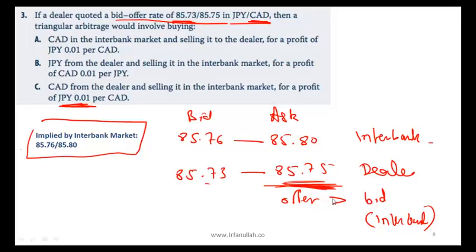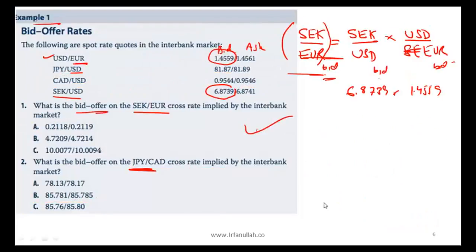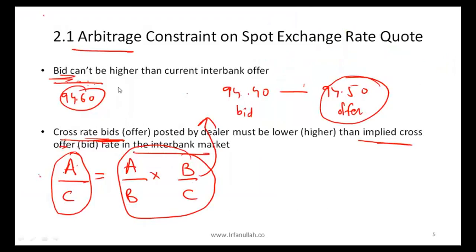Because people will do this and prices will quickly adjust. So this connects with what I was saying earlier. The bid cannot be higher than the current interbank offer, or in the cross rate sense, the cross rate bid posted by the dealer must be lower than the implied cross rate. So what we've just done is an illustration of this point.